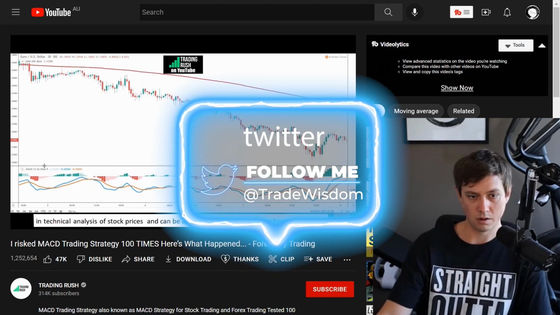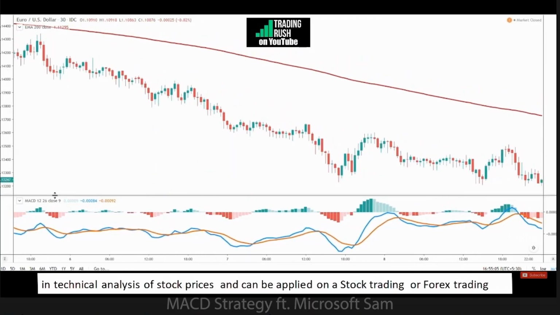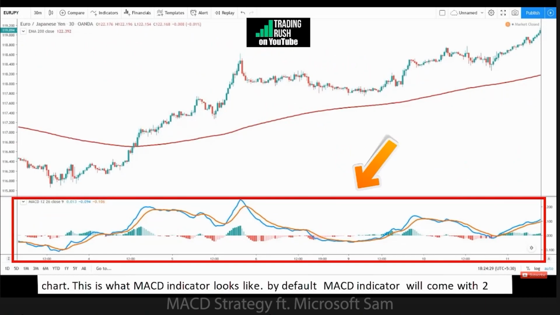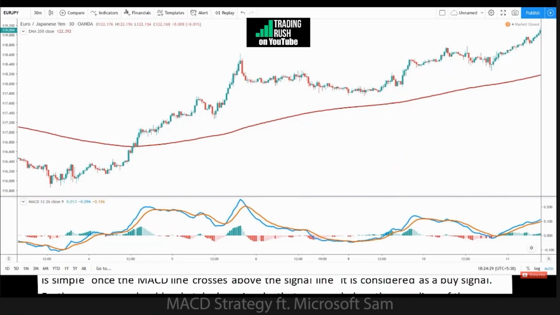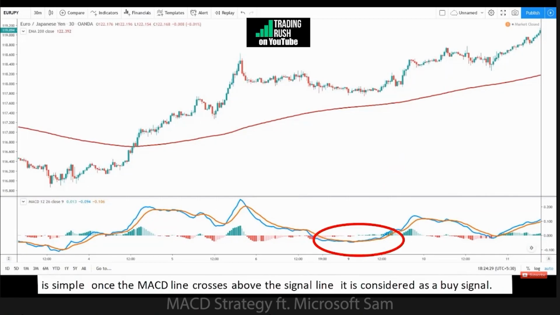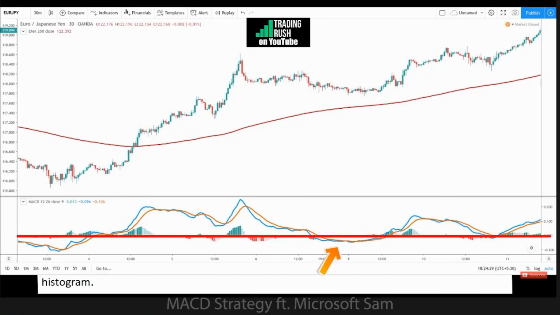Technical analysis of stock prices and can be applied on a stock trading or Forex trading chart. This is what MACD indicator looks like. By default, MACD indicator will come with two lines, a blue line called MACD and a red line called the signal line. MACD crossover strategy is simple. Once the MACD line crosses above the signal line, it is considered as a buy signal. Furthermore, you should only take buy signals that are way below the zero line of the histogram.